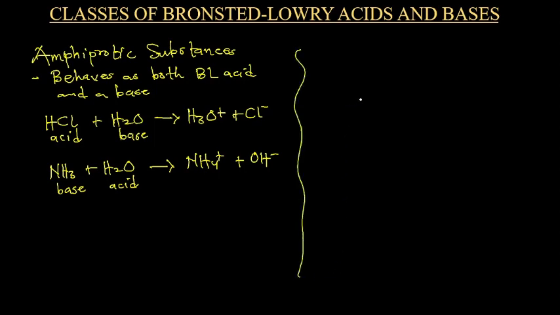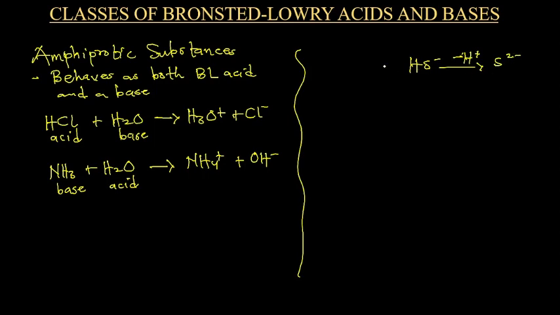Let's take HS minus. Now looking at this, you can tell that it is hydrogen sulfide giving out a proton to form this. So what happens? This one, when it loses a proton, let's say, so minus H plus, okay? What is going to happen? We are going to have sulfide S2 minus.